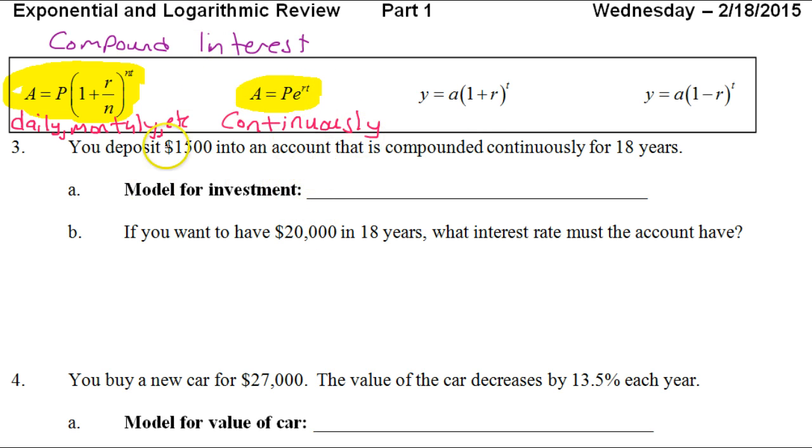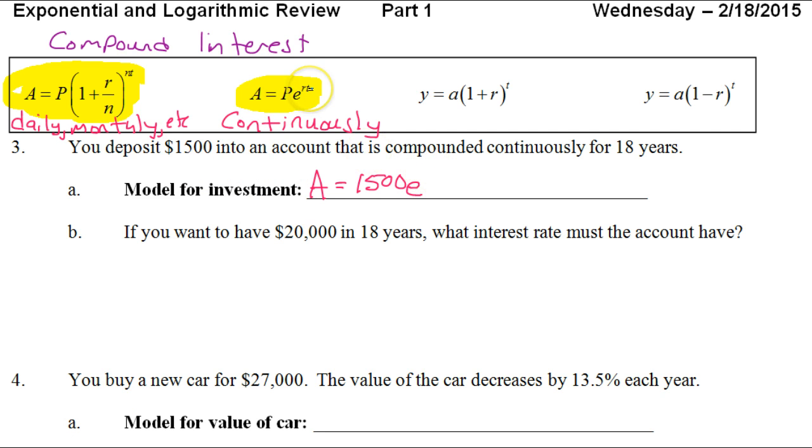So when we write the model for the investment, we're looking at the PERT formula, and we know that the amount is going to be, now P stands for the principal, so that's the initial amount of $1,500. And then e is a constant, and then that's to the rt power. We don't know the rate, so we're going to have to leave that as r.